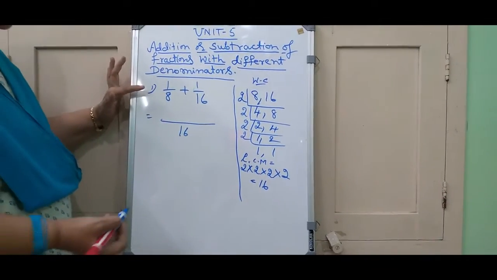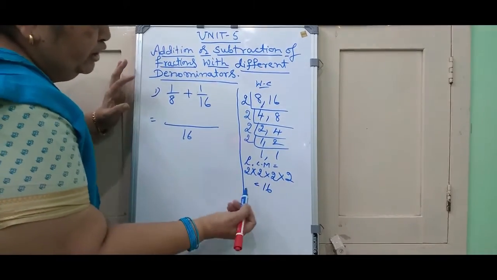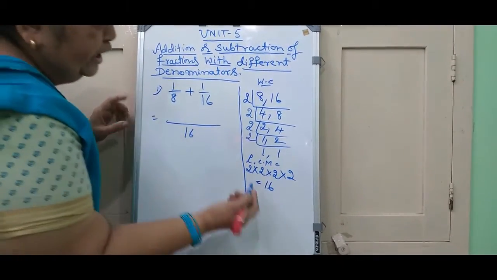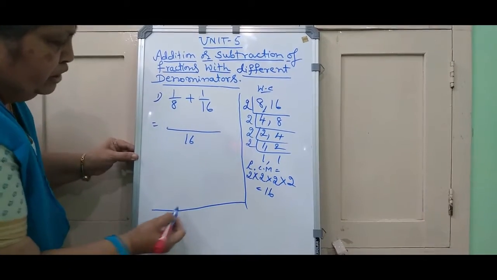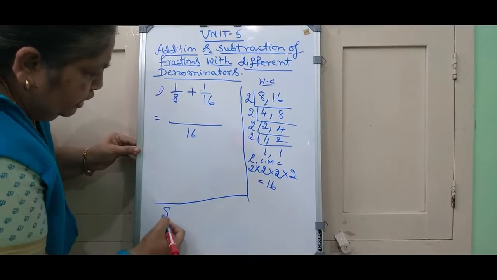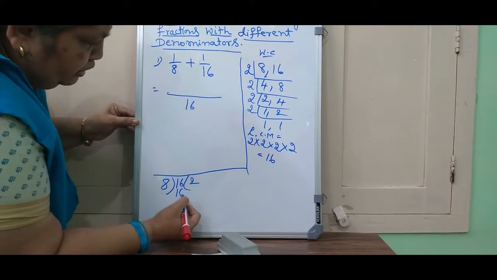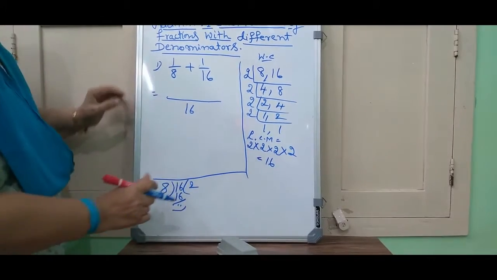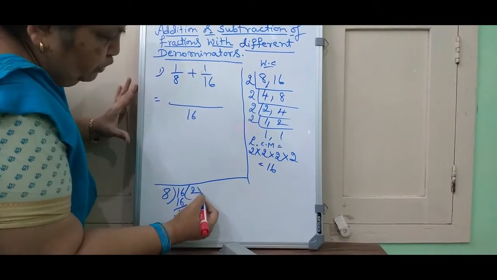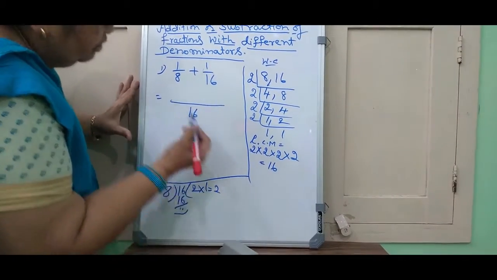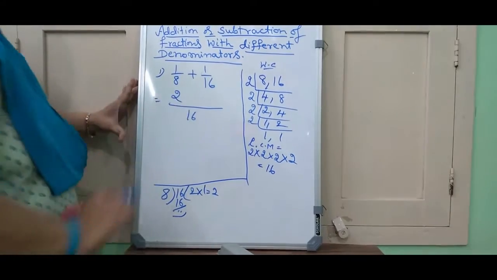And then we will consider the first fraction, that is 1 by 8. Now let me write here because of the space problem. See, 8 and 16, 8 2s are 16, and here the numerator is only 1. So 2 into 1, that is 2 only. So this number we are writing here.